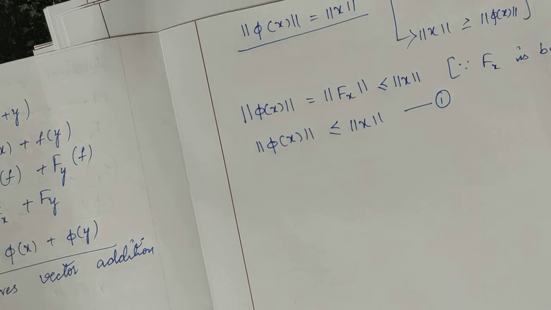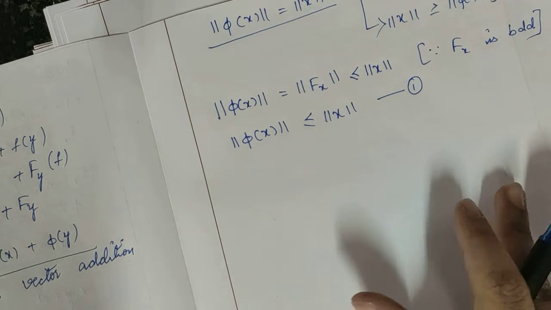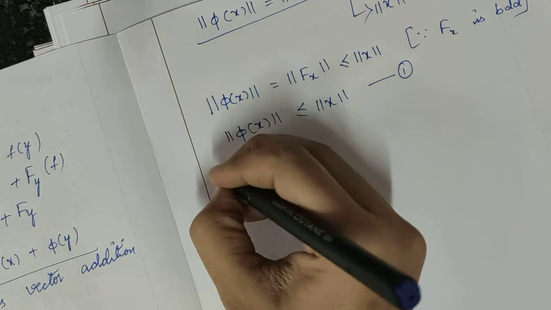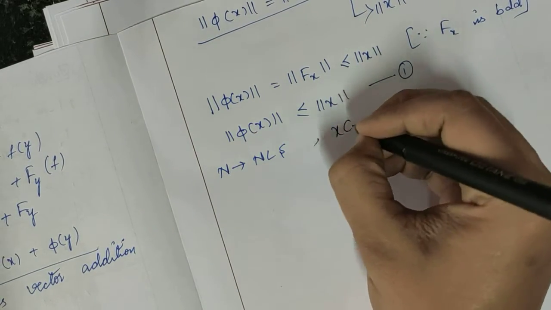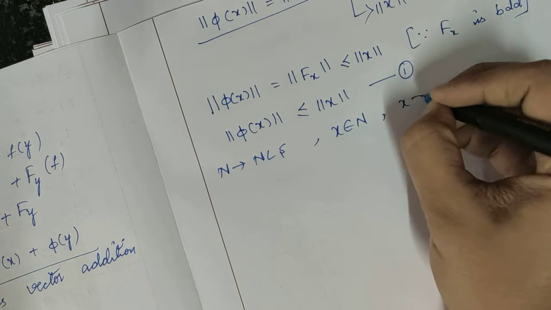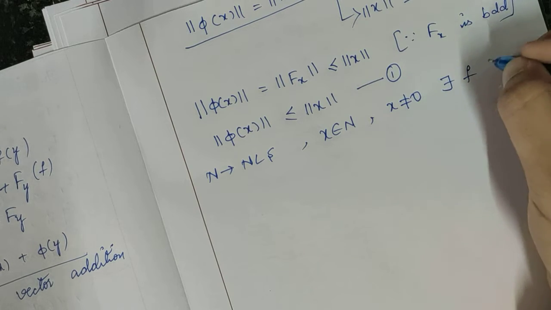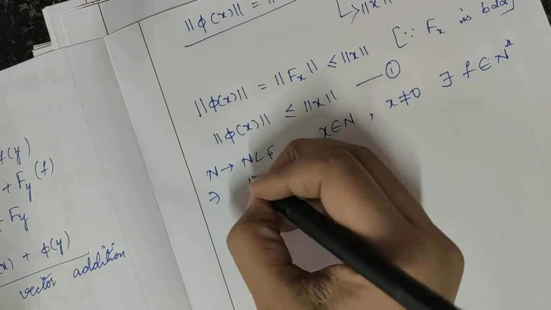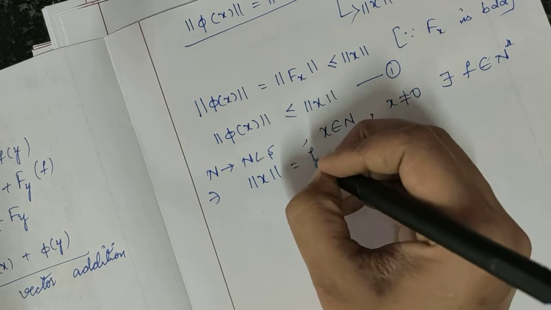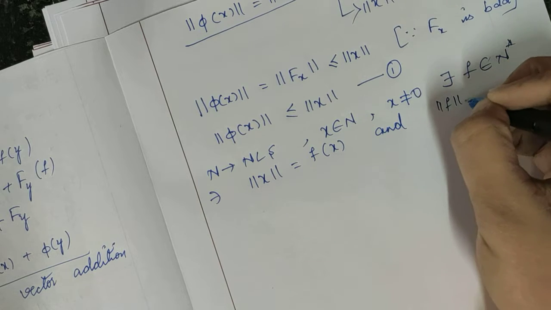Similarly, I have to prove one more inequality. For that, I will use the consequence of the Hahn-Banach theorem. If N is a normed linear space and x belongs to N, and x is not equal to 0, then there exists a functional f that belongs to N star such that norm x is equal to f of x and norm f is equal to 1.